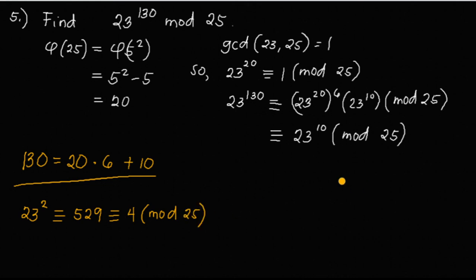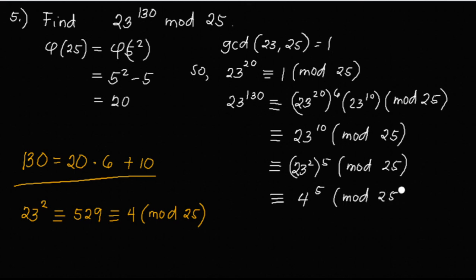So, alam niyo na yung kasunod. 'Di ba? So, yung 23 raised to 10, pwede natin siyang isulat as 23 raised to 2 and then raised to 5, 'di ba? Mod 25. So, we have here 4. 4 ito. Raised to 5 mod 25.